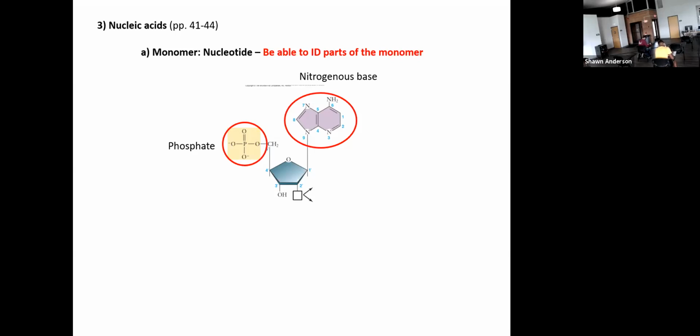Sugar. Yeah, and we can even count it. What kind of sugar is it? Let's count the carbons. Five. It's a pentose. So that's a sugar.